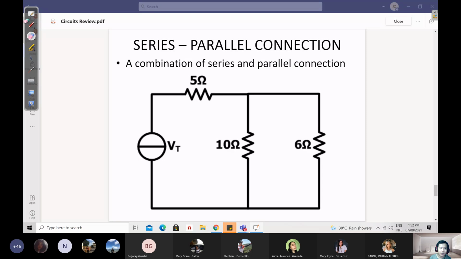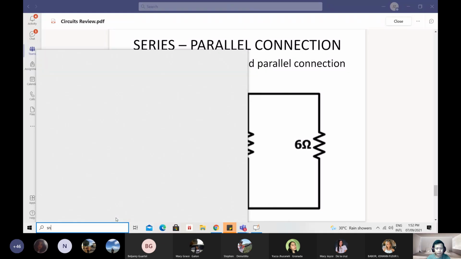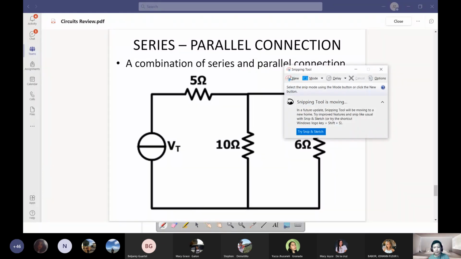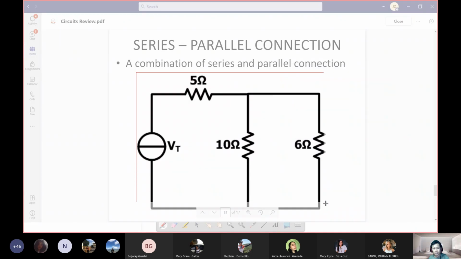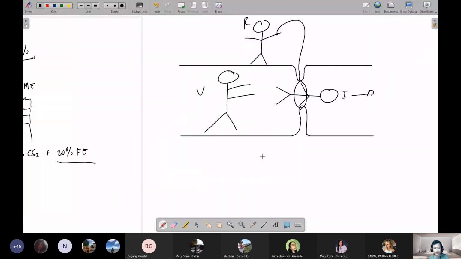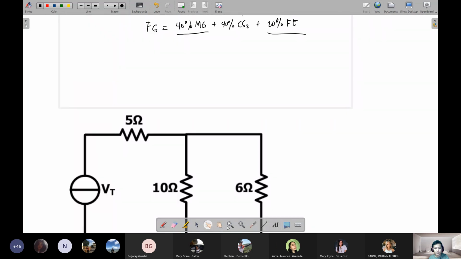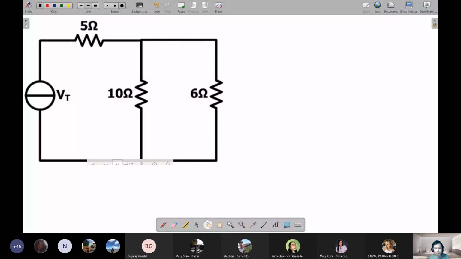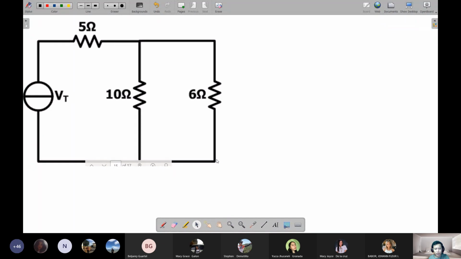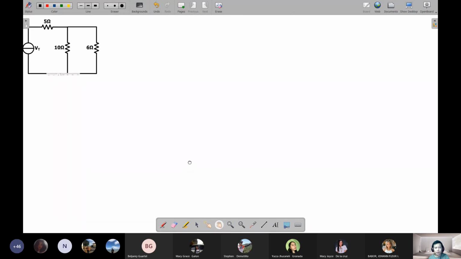So for this one, how are we going to solve this? It is easier if we do it this way. Okay, how are we going to solve this one?